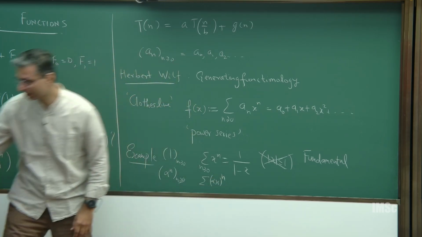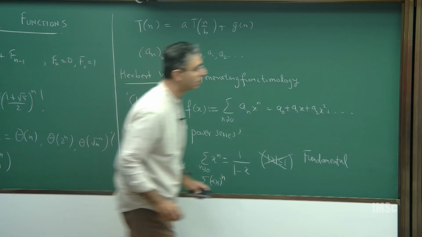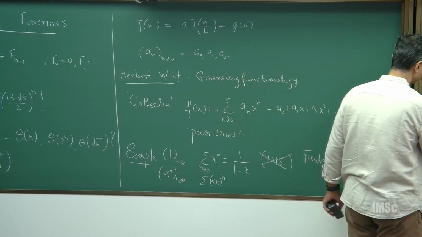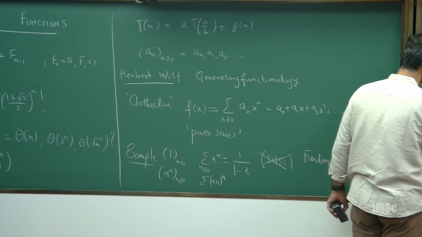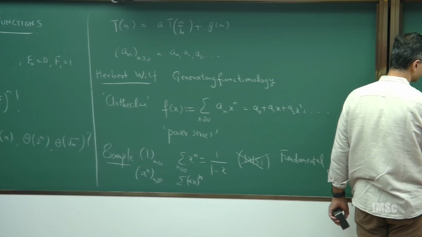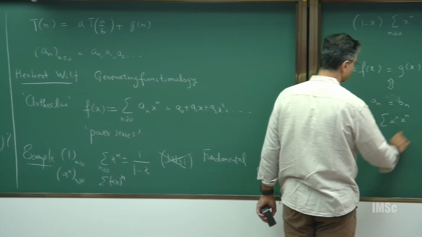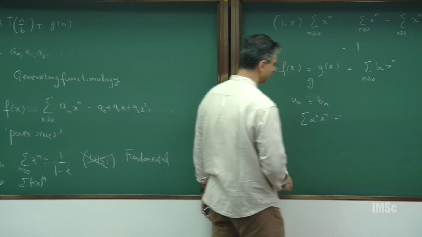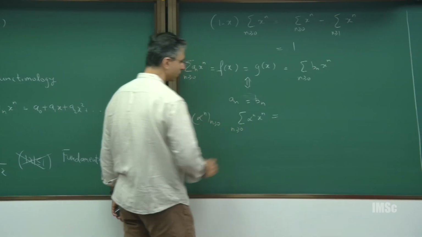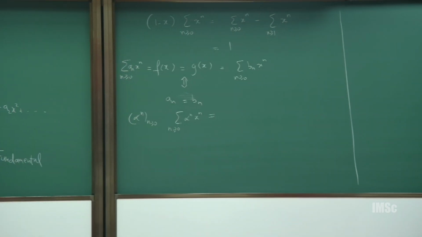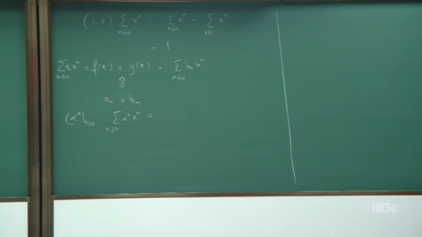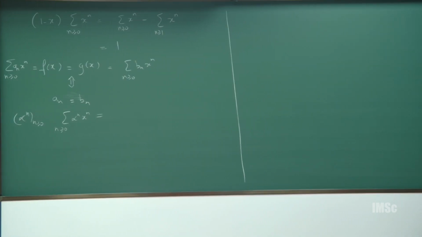Maybe let me write it there. Taking the common factor out, it is 1 by 1 minus alpha x.